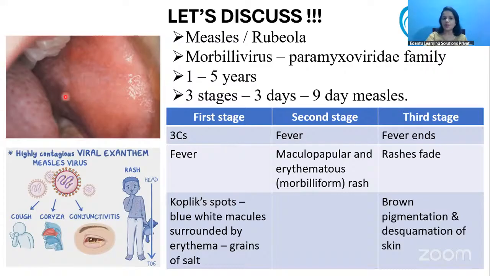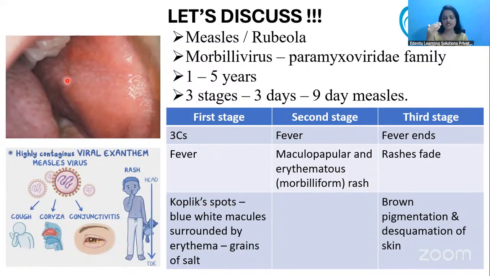It's caused by the morbillivirus of the Paramyxoviridae family, and usually children of 1 to 5 years of age are affected. There are 3 stages for this measles, each lasting for 3 days. That's why it's also called 9-day measles.